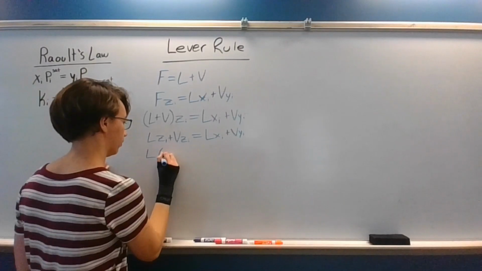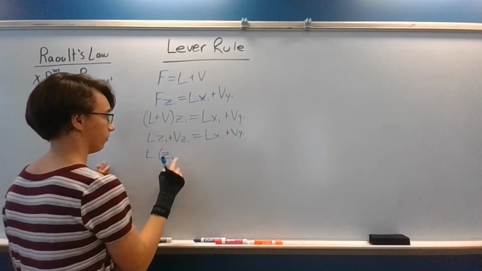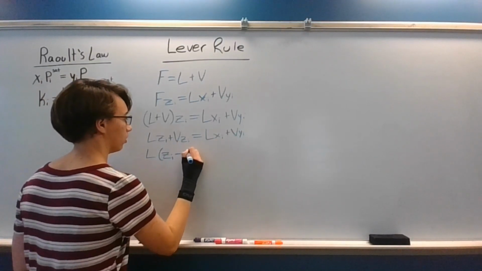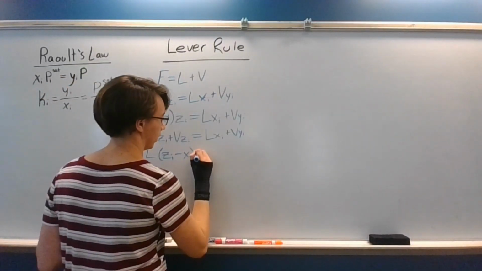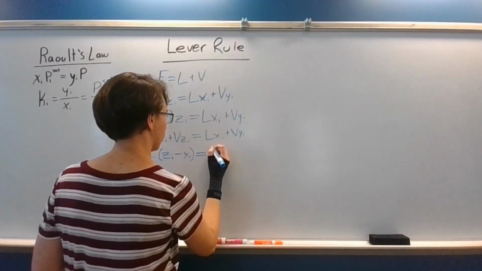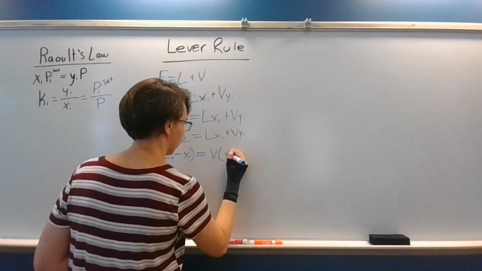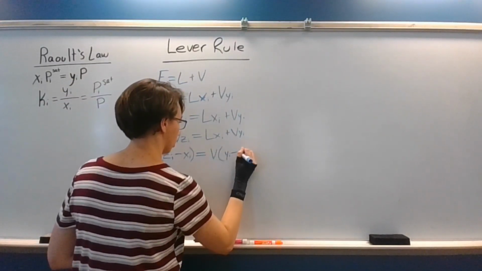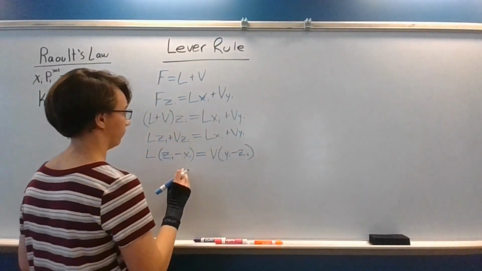So it's moles of the liquid times the mole fraction in the feed minus the mole fraction in the liquid, those are subtracting over here, is going to be equal to, so we'll start with this side, vapor times mole fraction in the vapor minus this mole fraction in the feed.